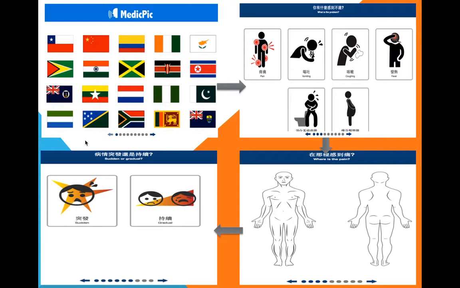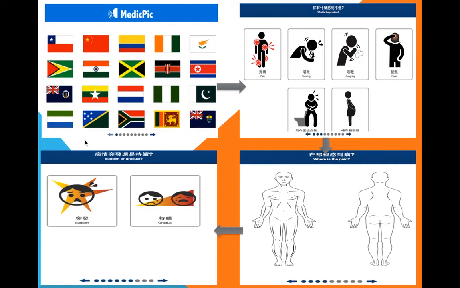So in this case, the patient will click on the pain problem and they will then get this icon with the two big pictures of the human body, and they will use an arrow to point to where the pain is. So you can see that the patient does not need to communicate verbally anything to the doctor here. They can just point to the part of the body on the screen. The next question will be whether the pain was sudden or gradual.